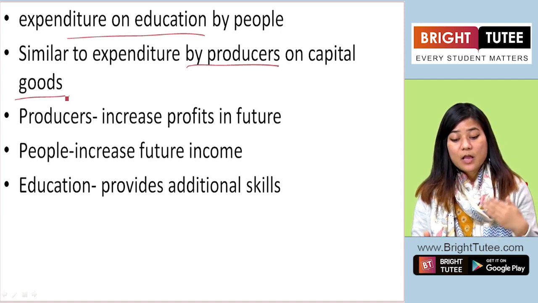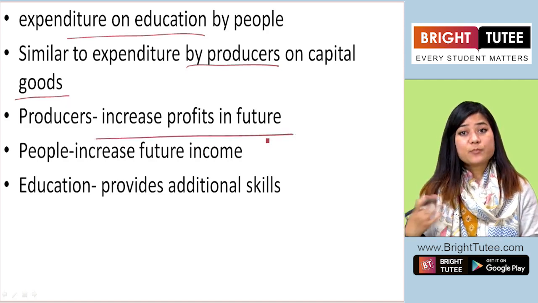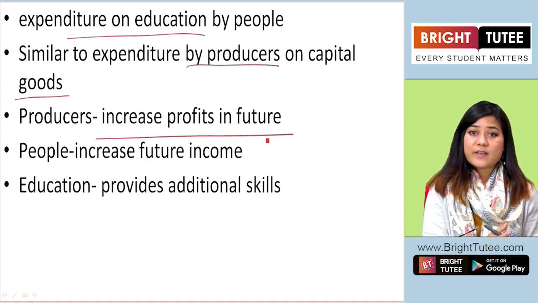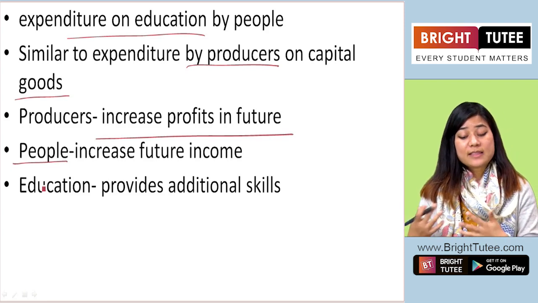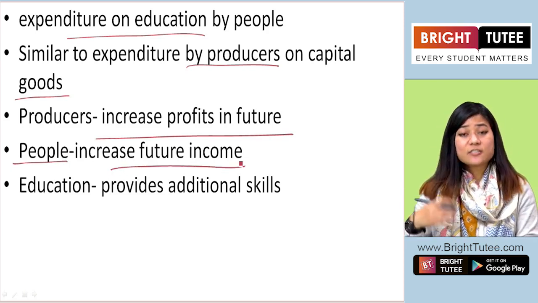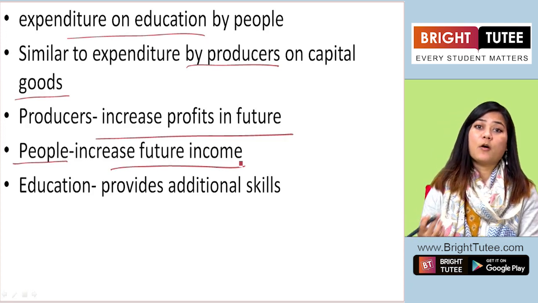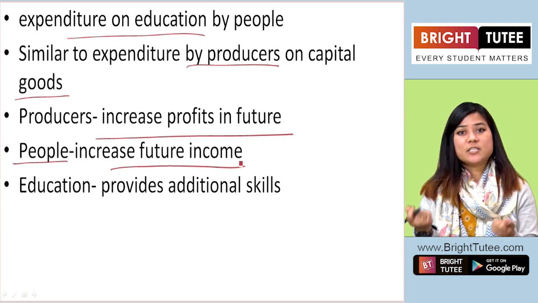For example, producers can get increased profits in future with their investment in capital goods, and people, the government and the countries, with their investment in education, can increase the income of the people in future. So you see, both are a win-win situation.